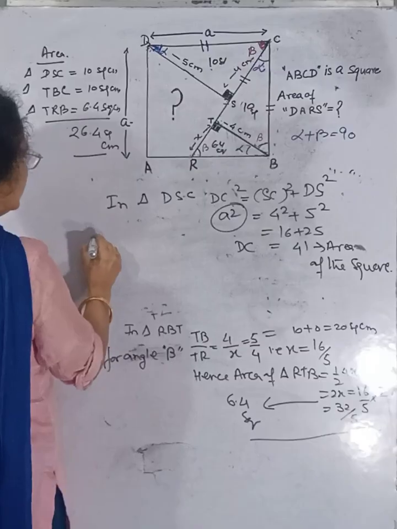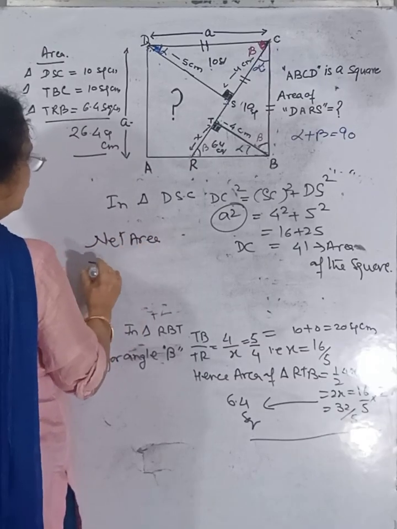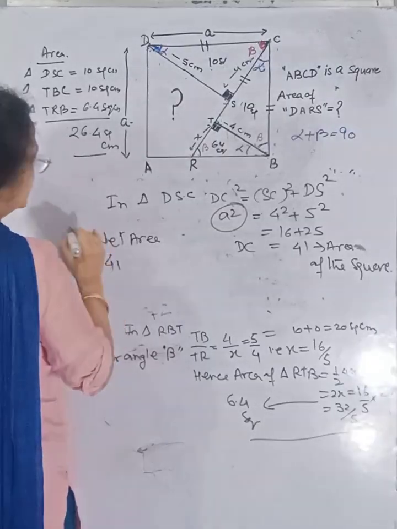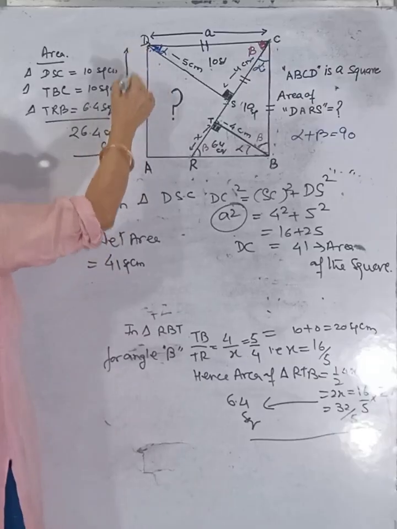A square itself is the area of the square. It means net area is equal to 41 square cm.